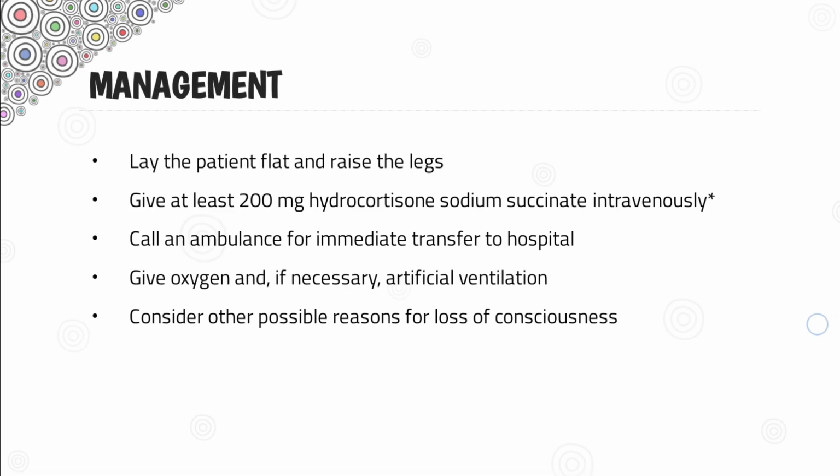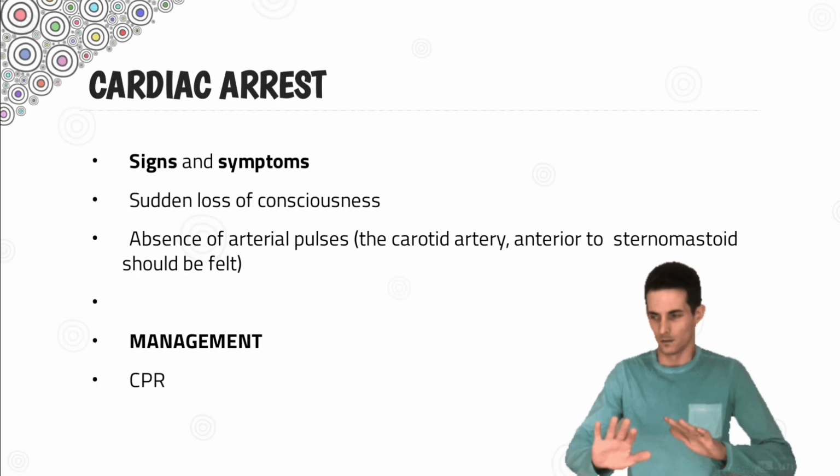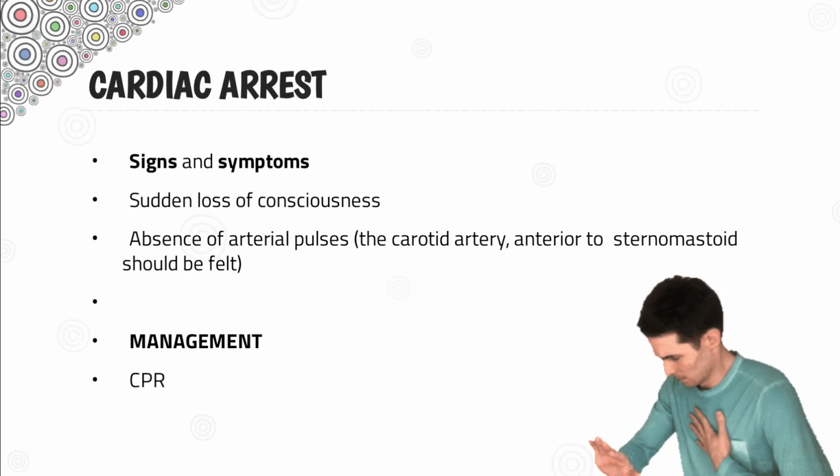You don't give it directly, give it diluted in a syringe with 10 ml of blood and slowly IV. Or the other option is giving 200 mg of hydrocortisone sodium succinate IV and give oxygen if necessary and call for an ambulance. Next is cardiac arrest.